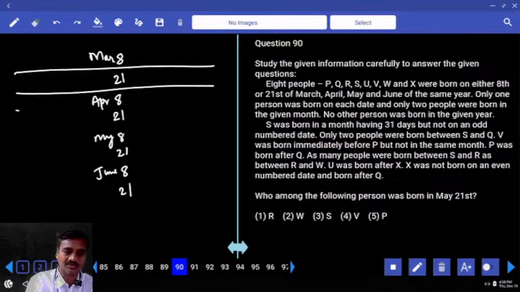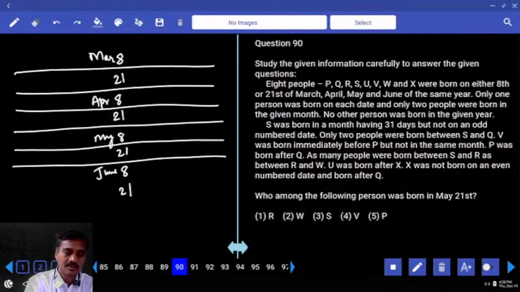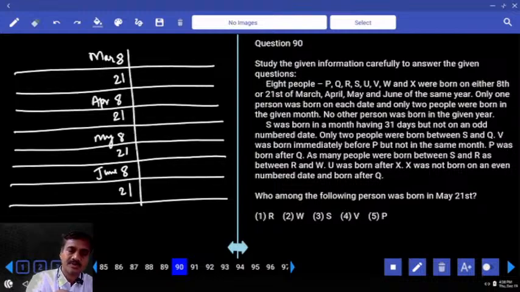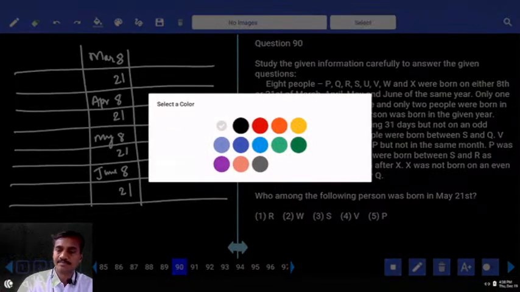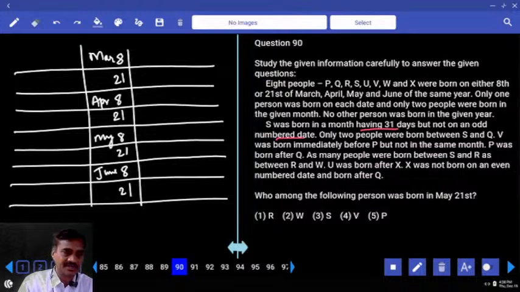Then coming to condition number 1. March, April, May and June. Now here in this one, write down the lines like this. First, S was born in a month having 31 days. That means how many months have 31 days? There are 2. What are those two? March and May. But not an odd number date, hence it must be on an even number date.